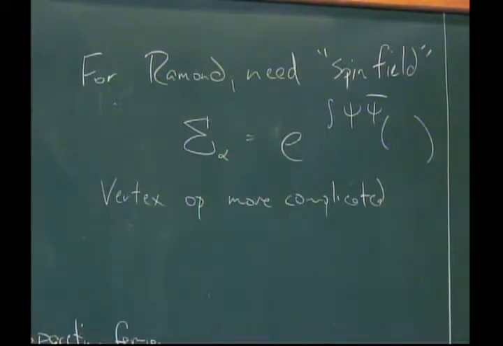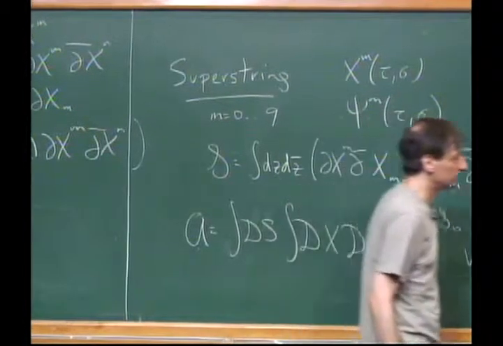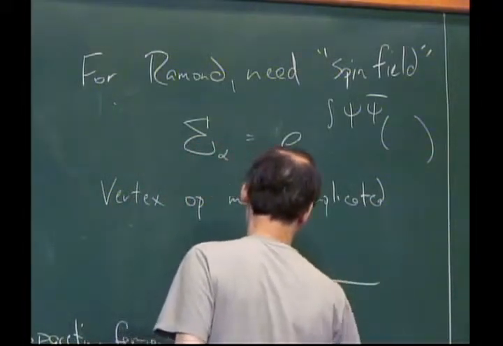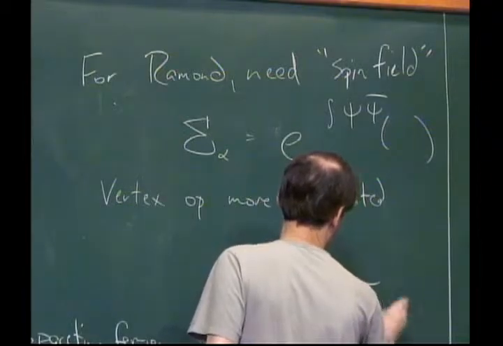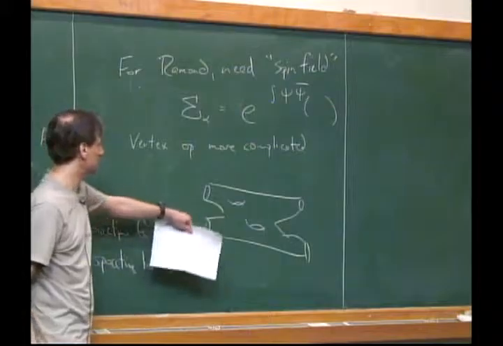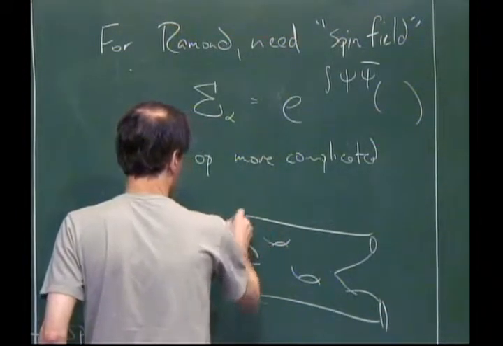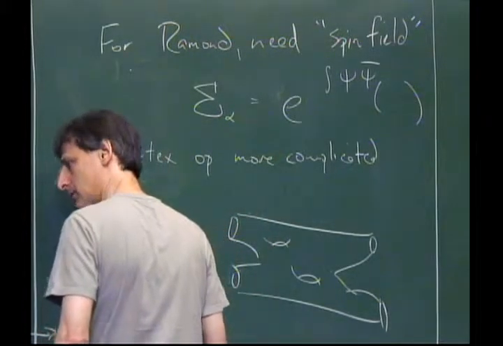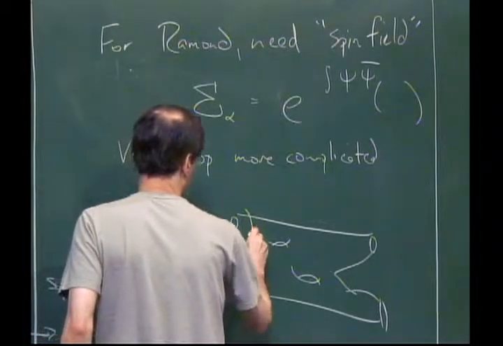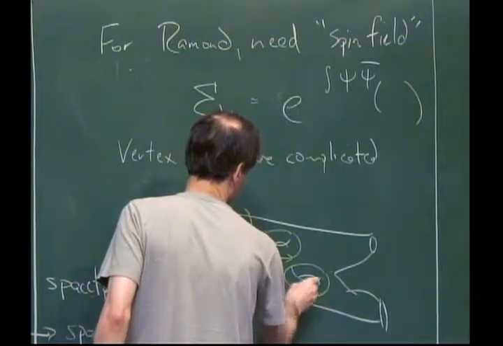Furthermore, when you do this integral here over all the surfaces, when you have non-trivial cycles, so for example, if I'm doing this computation at 2 loops, then not only can psi be periodic or antiperiodic when I go around here, you can also get non-trivial periodicities when I go around these cycles, or these.